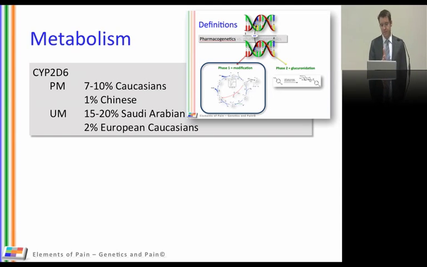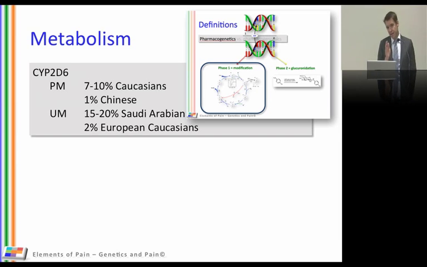So phase 1 liver metabolism, the modification of drugs by redox reactions, and the commonest SNP that we know about is the CYP2D6 polymorphism. CYP2D6 metabolizes certain drugs.